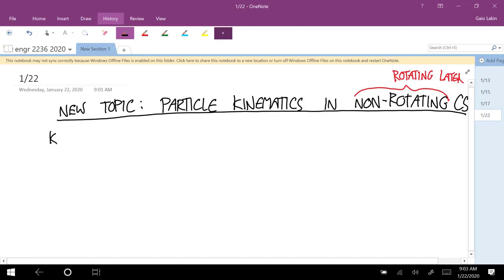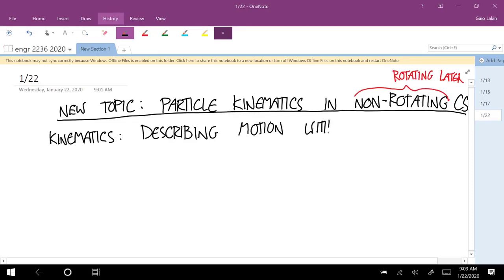Kinematics, you can think of that as describing motion without dealing with the causes. And the causes would be like force, mass, and energy.